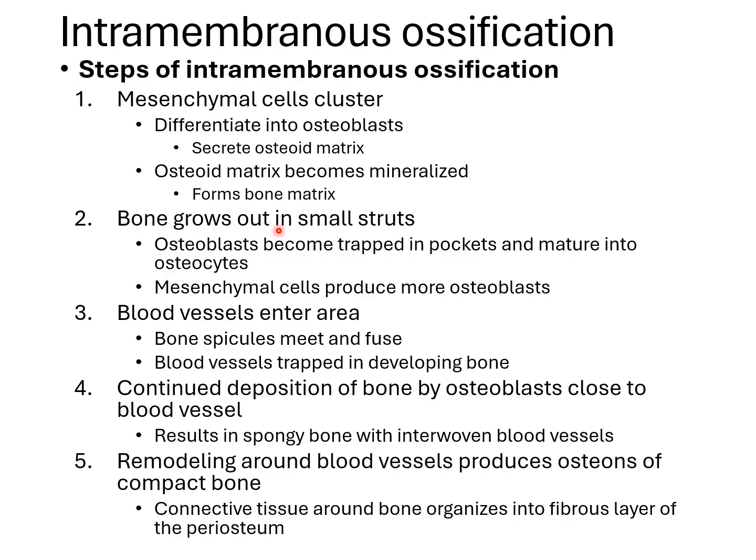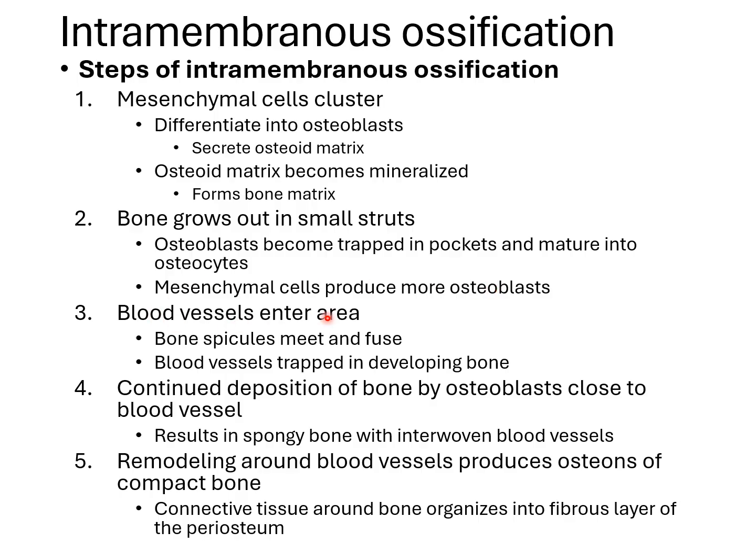The bone's going to grow out in small struts. The osteoblasts eventually will become trapped in pockets. Remember, those pockets are going to be called lacunae later on, and once they're trapped in the lacunae, they're now going to be called osteocytes. When they're trapped, the stem cells are going to produce more osteoblasts and keep building up bone this way.